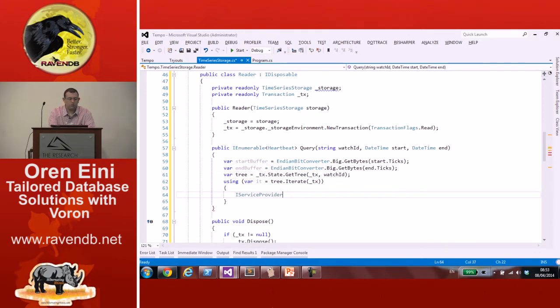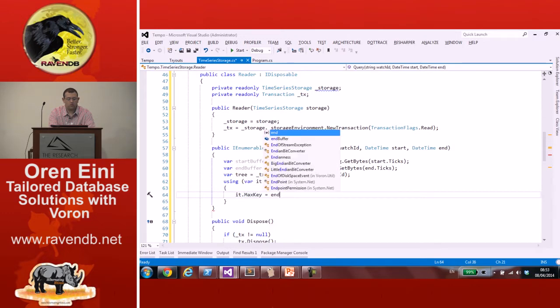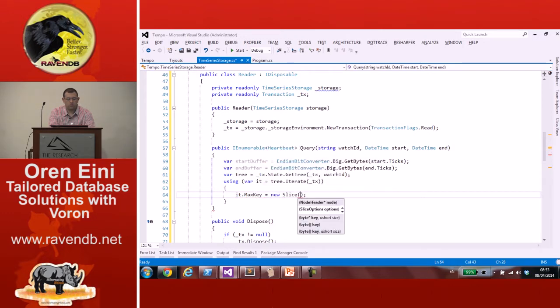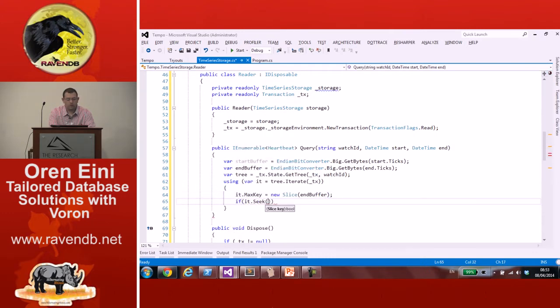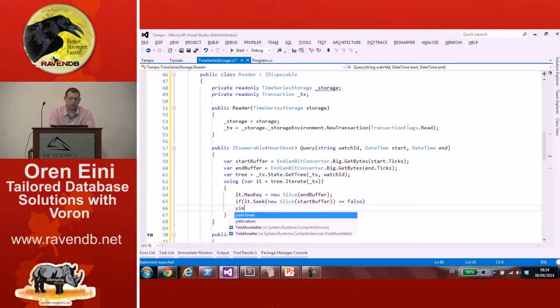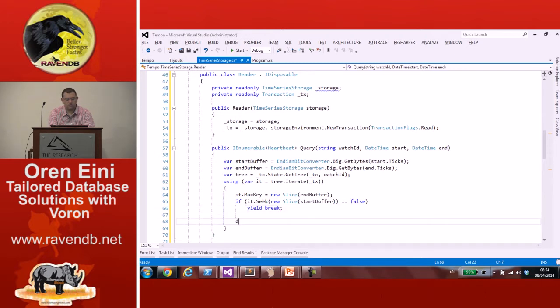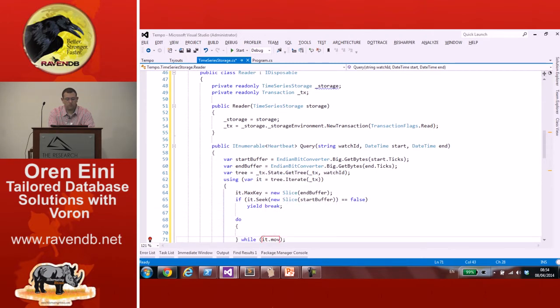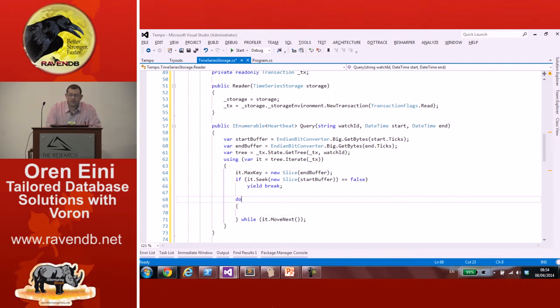Now it seek. Because those are such common things, we actually made them explicit in the API. We have a max key.